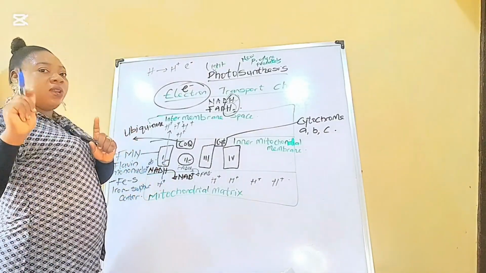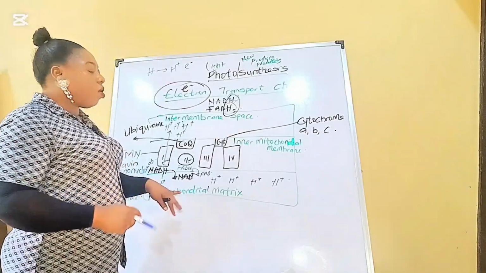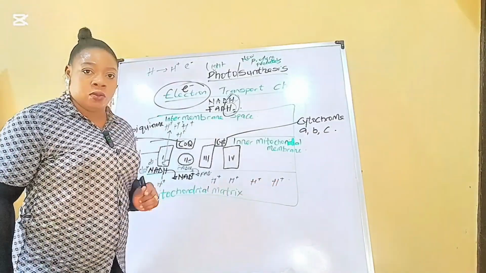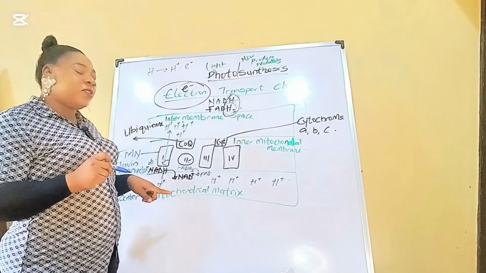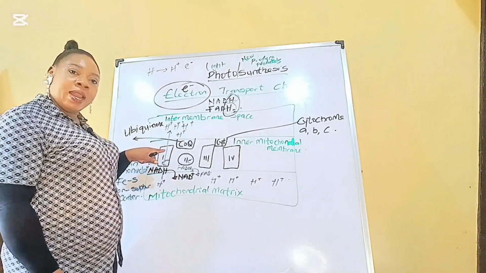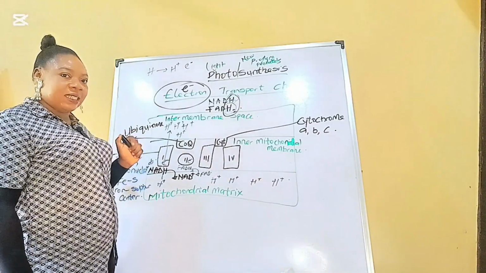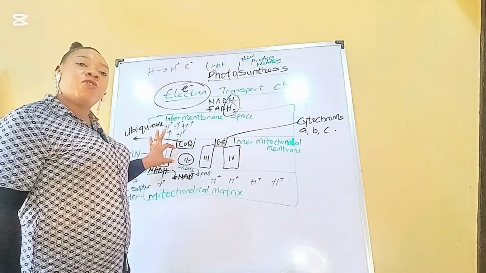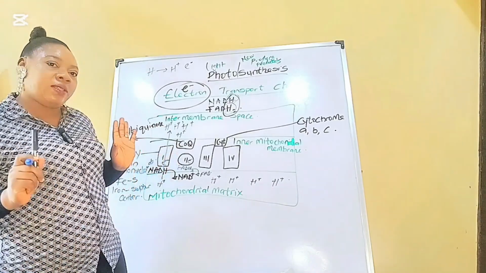So, when it's releasing electron to complex 2, definitely it's also giving the mitochondrial matrix protons. But the thing that is now different between complex 1 and complex 2, where the structures are different, is that the presence of electron in complex 2 will not supercharge this particular complex.